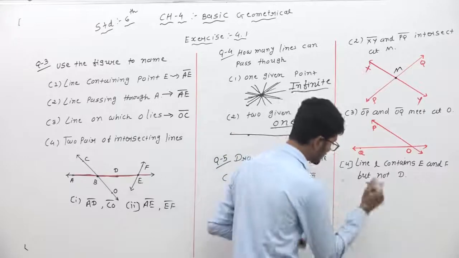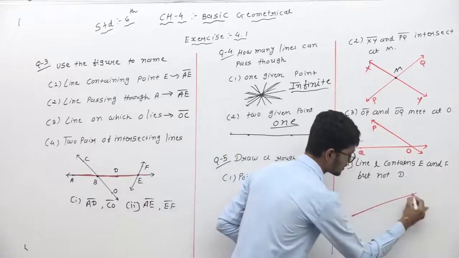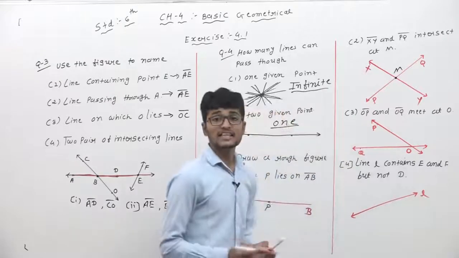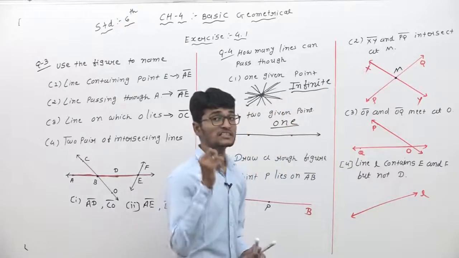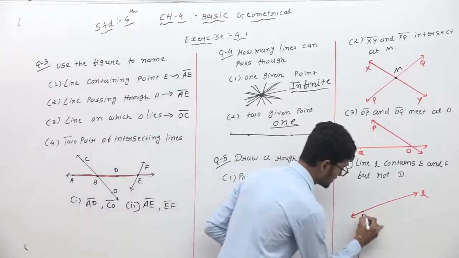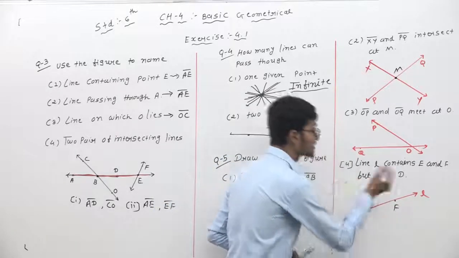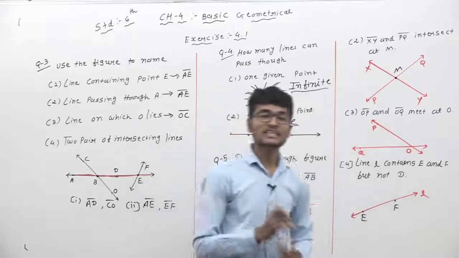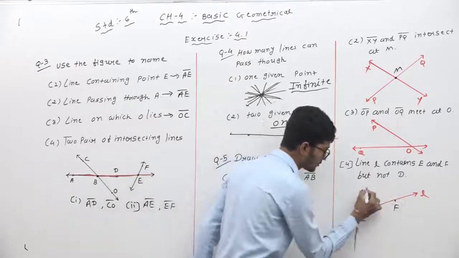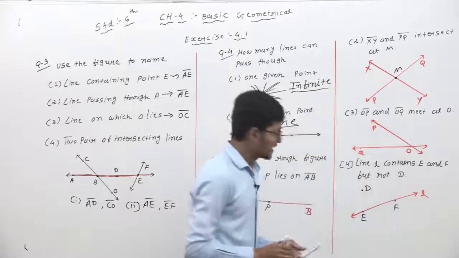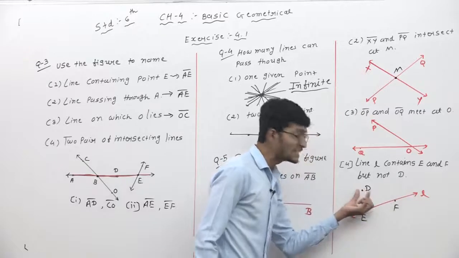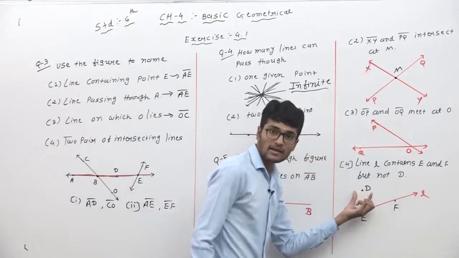Clear? Then the fourth question: line L contains E and F but not D. First of all draw one line. This is my line L. This line contains E and F. It means this line has two points, understand? First of all E and F, but not D. It means D is not on this line. So you can write it anywhere, suppose it is D. So E and F are on line L but D is not on line L. Understand?